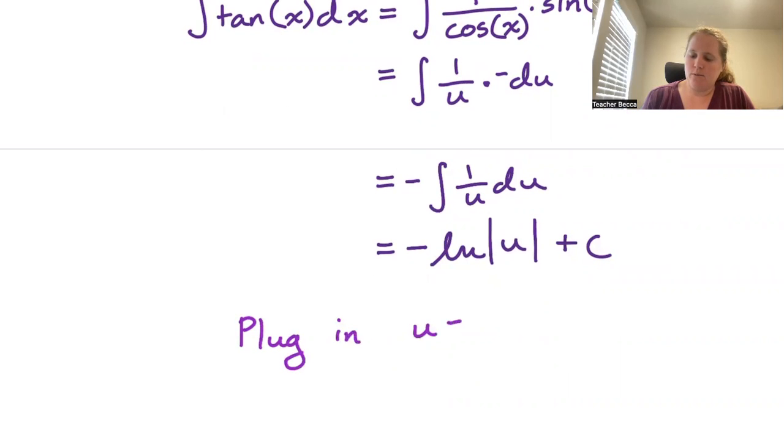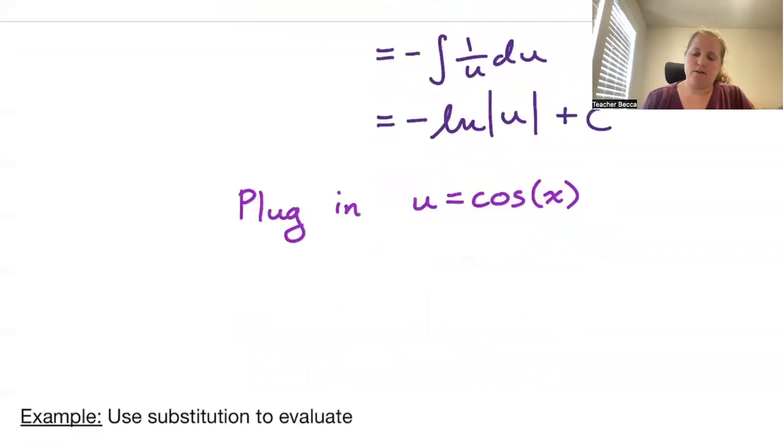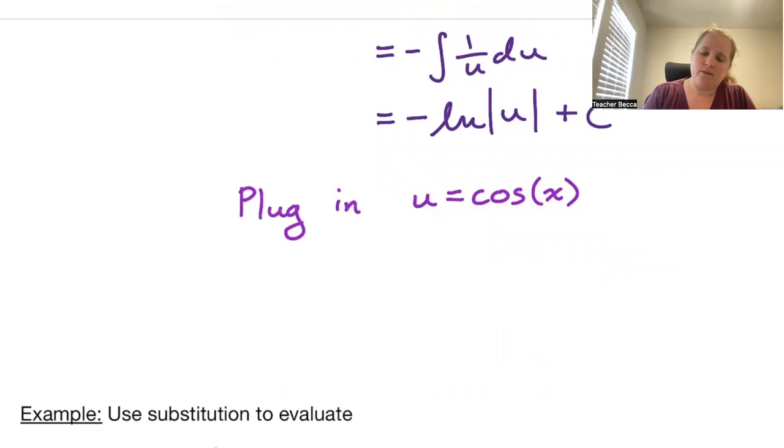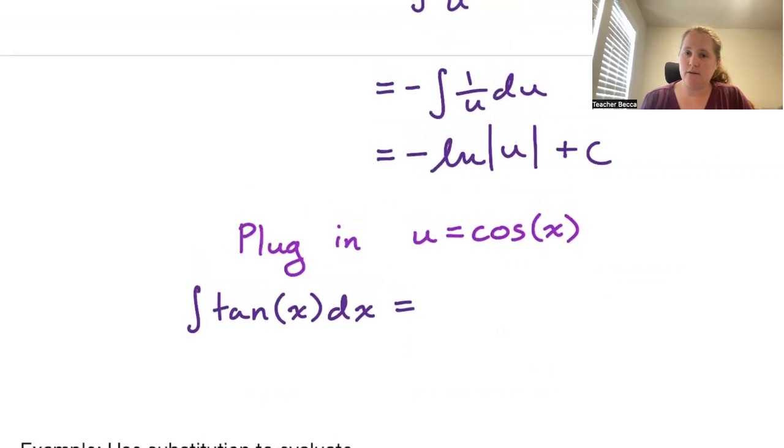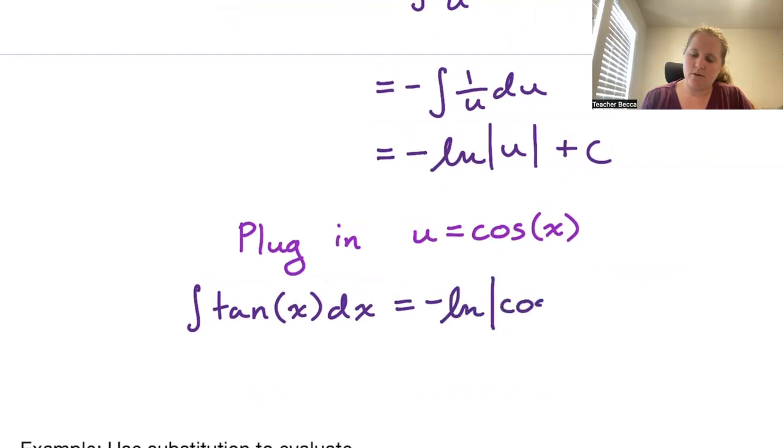We had that u was equal to cosine of x. And so we have that the integral of tangent of x dx is equal to negative natural log of the absolute value of cosine of x plus c.